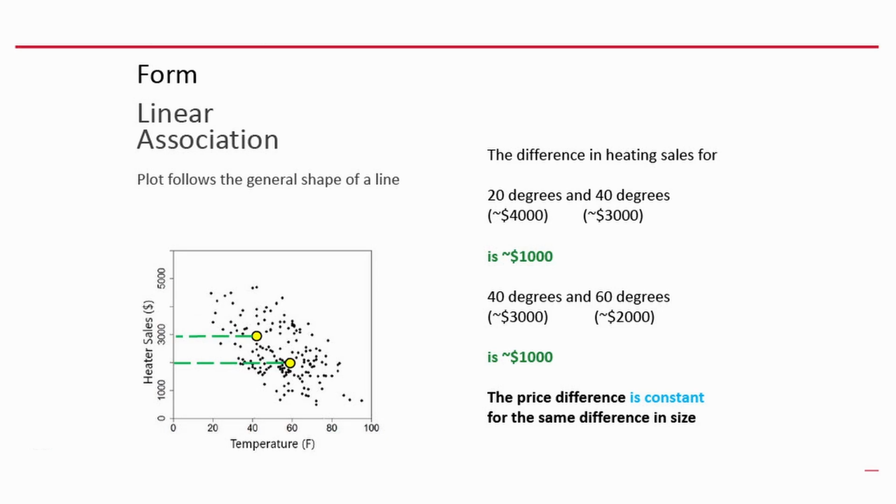They also have a difference of 20 degrees, and their price difference is also $1,000, 3,000 to 2,000. So here the price difference is constant for the same difference in size. It's exactly this, when the rate of change is constant, that creates that linear shape, that straight line. In this case, a straight downward line.